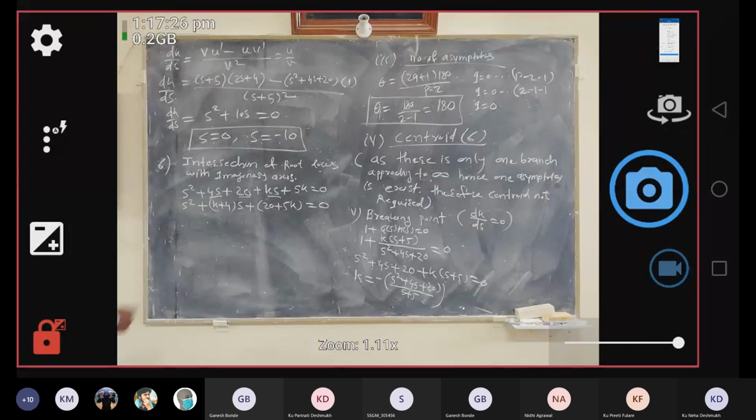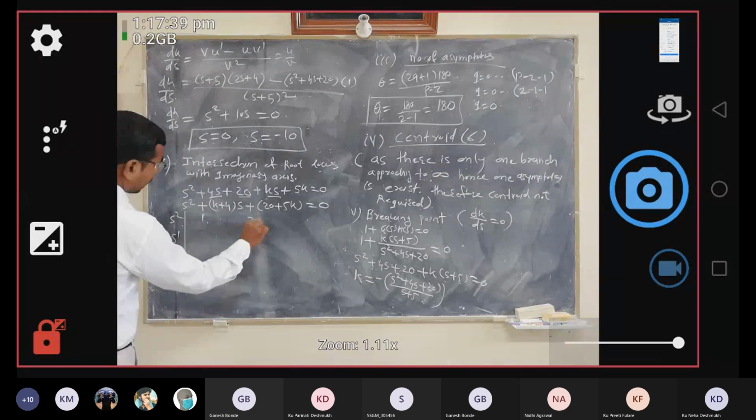Prepare a Routh array: s square, s, and s raised to 0. Alternate coefficients: the s square coefficient is 1. So after 1, it is 20 plus 5k. Second row elements are k plus 4 and 0.